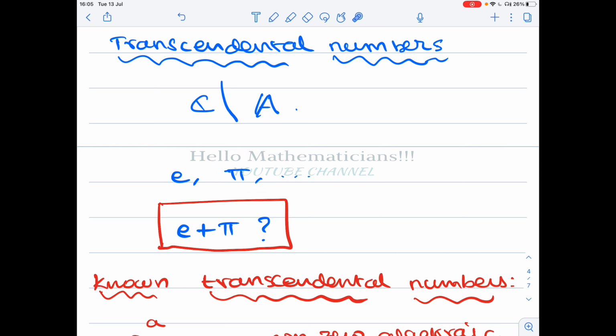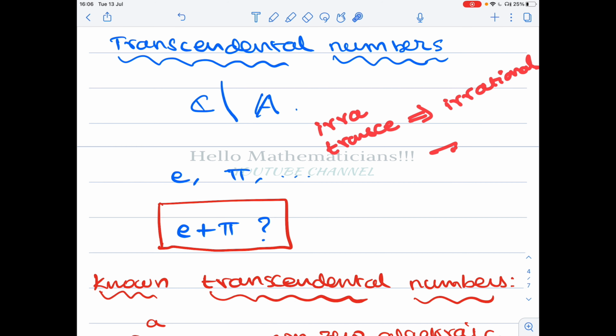Now, one interesting fact is that for many numbers it is not known whether they are algebraic or not. For some numbers it is not even known whether they are irrational. Definitely one thing is clear: transcendental implies irrational, because rational numbers cannot be transcendental.